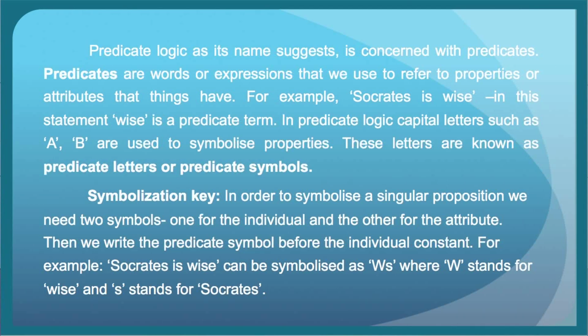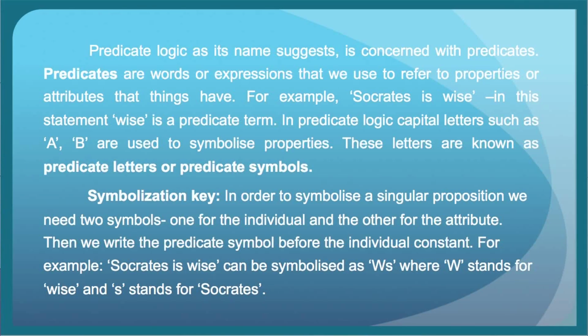Predicate logic, as its name suggests, is concerned with predicates. Now, what is a predicate? Predicates are words or expressions that we use to refer to properties or attributes that things have. To become a predicate, you need a subject. For example, Socrates is wise. Wise is the predicate because it is the attribute, and whose attribute is it? It is the attribute of that particular person called Socrates. Now, how do we symbolize in predicate logic?